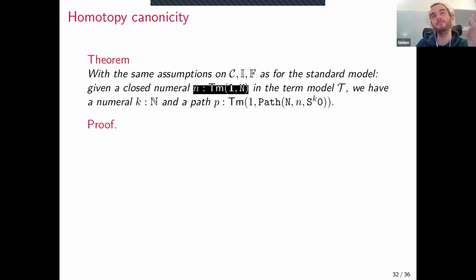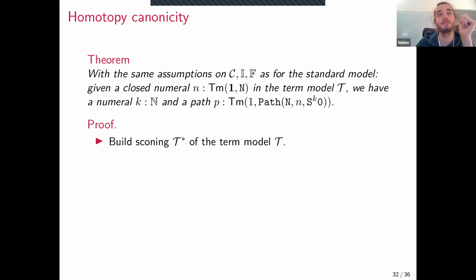If we're given an element of NAT in the empty context of the term model, we get a numeral k and a path that n is equal to this numeral.